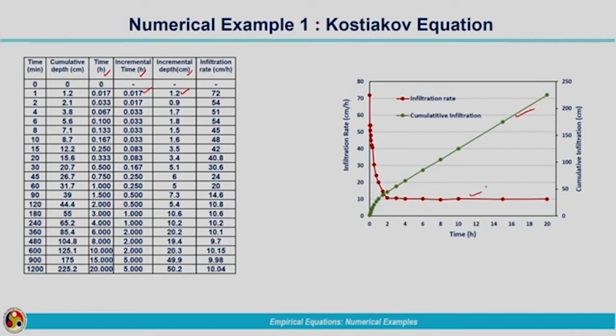You can see the infiltration rate was initially very high, then it comes down, and finally it takes a constant value. This constant value is around 10.04. Cumulative infiltration is the infiltration depth in each interval added up, so that is why it is an increasing curve, which is very clear from this graph.